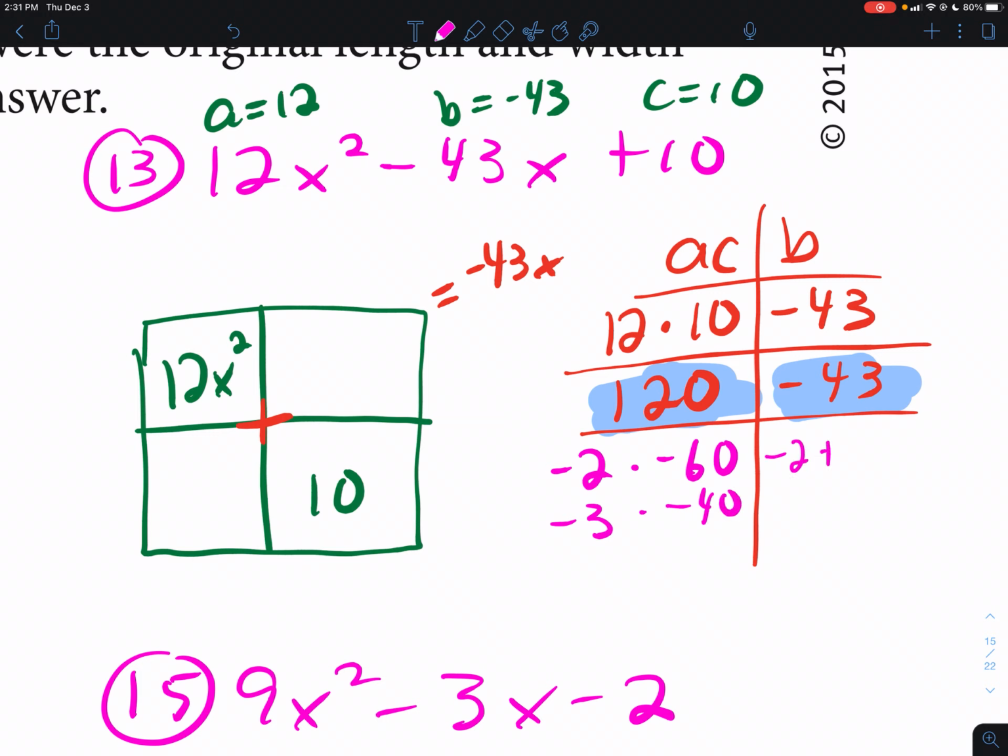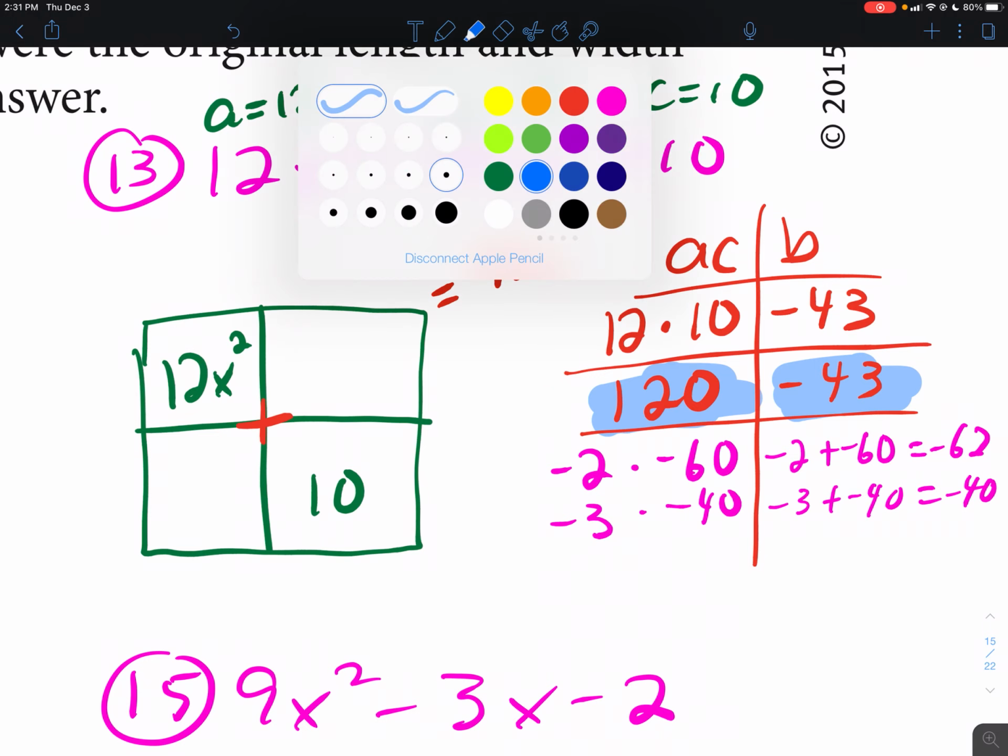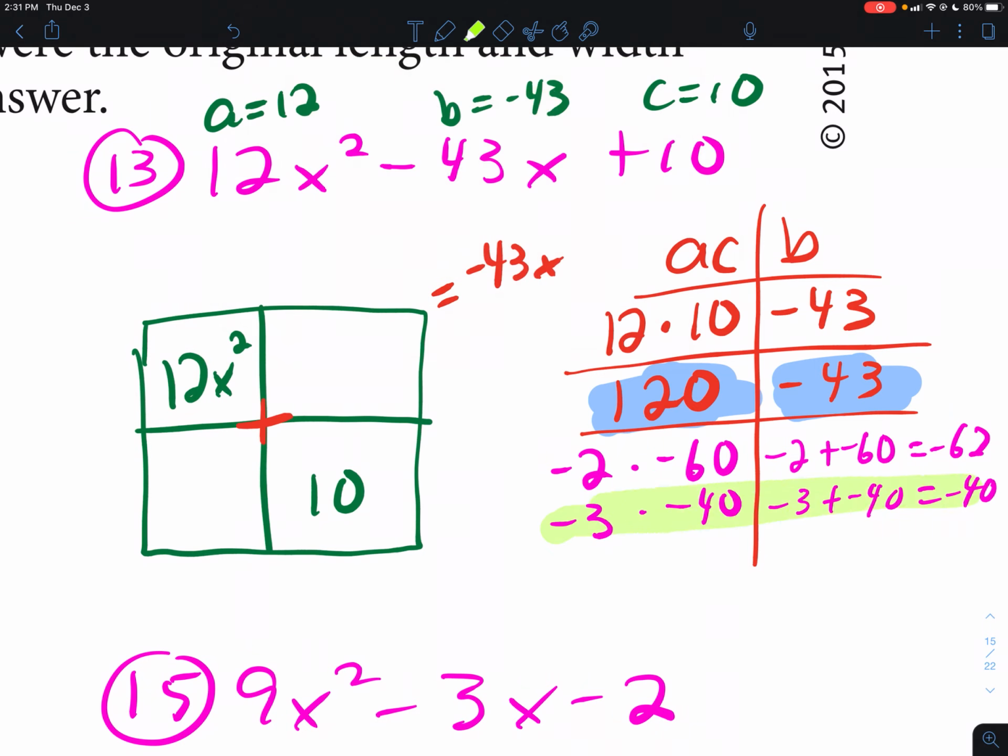So these two would add up to negative 62. These two would add up to negative 43. So we're going to use negative 3 and negative 40. So negative 3x and negative 40x do in fact add up to negative 43.